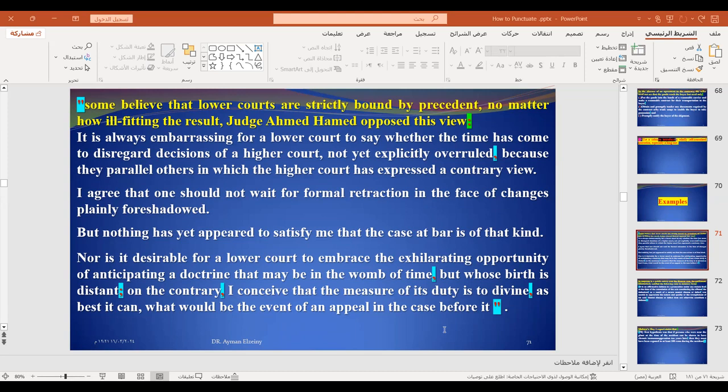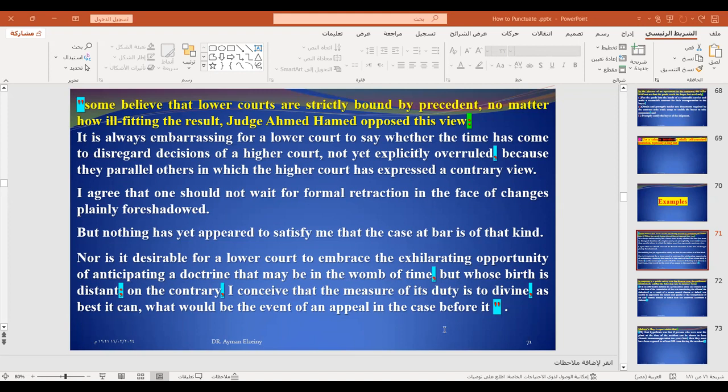But still, Ahmed said, nothing had yet appeared to satisfy me that the case at par is of that kind. It is desirable for lower courts to embrace the exhilarating opportunity of anticipating a doctrine that may be in the womb of time, but the word will be destined.